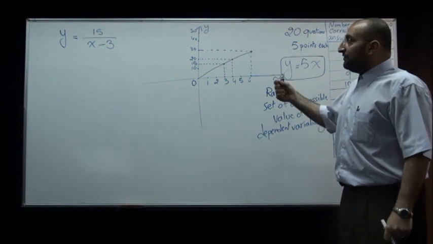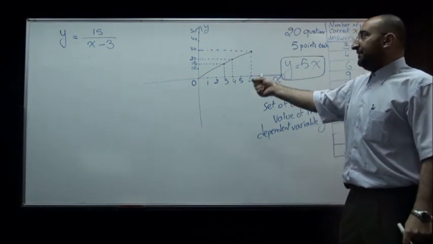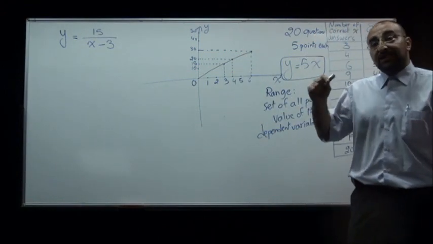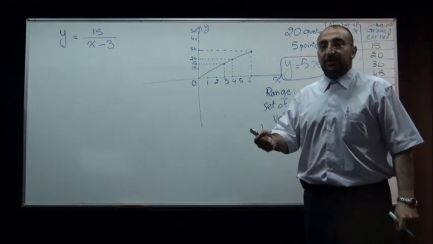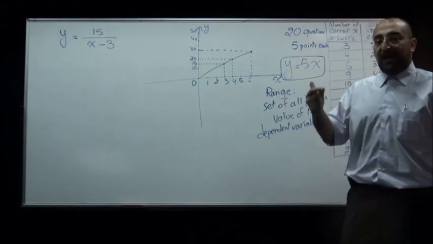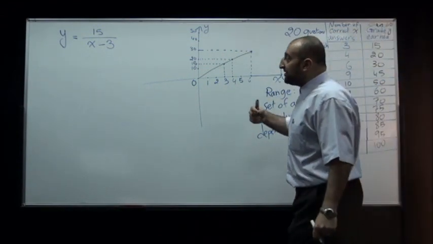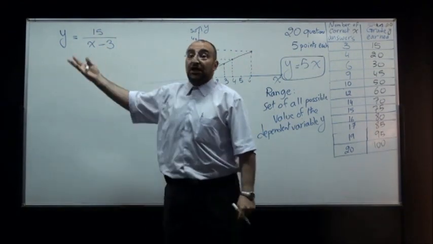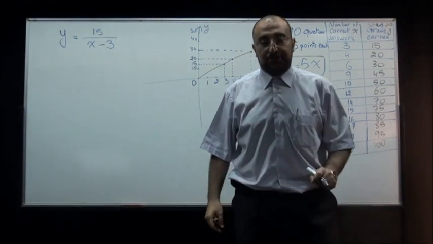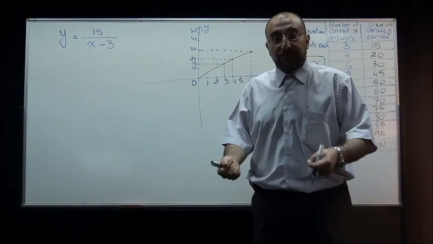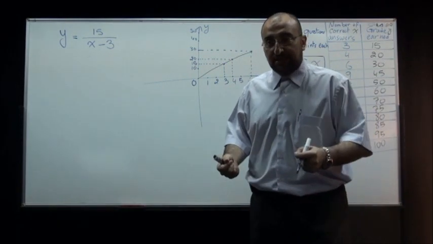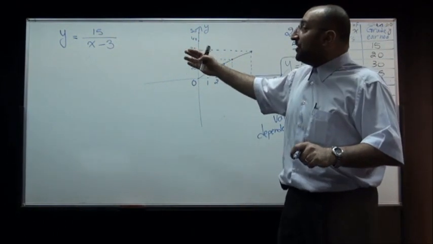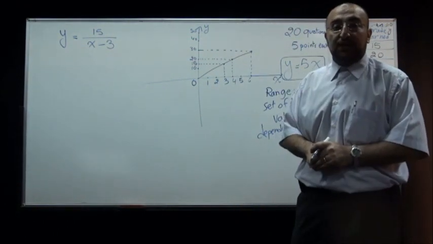In order for me to find what is the domain of this function, I ask myself the following question. Is there or are there particular x values that, when substituted over here, the y values are not generated? Let me rephrase my question. Is it possible to find a number that, when I replace x by that number, there is no possible value for y?